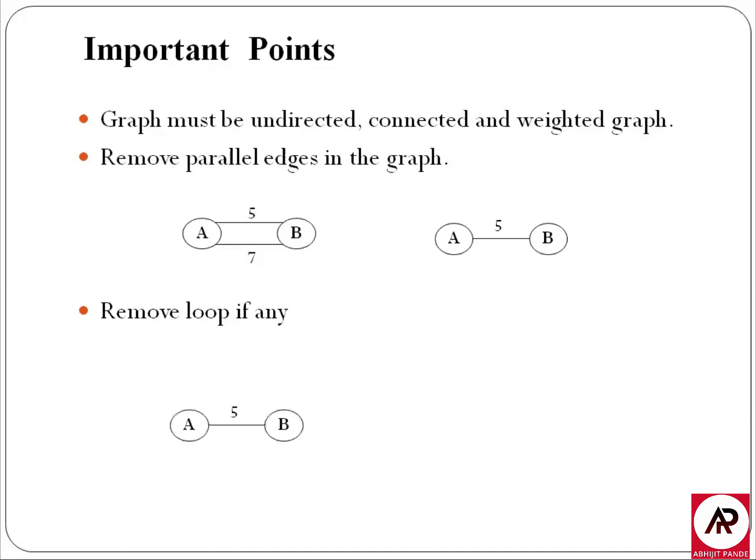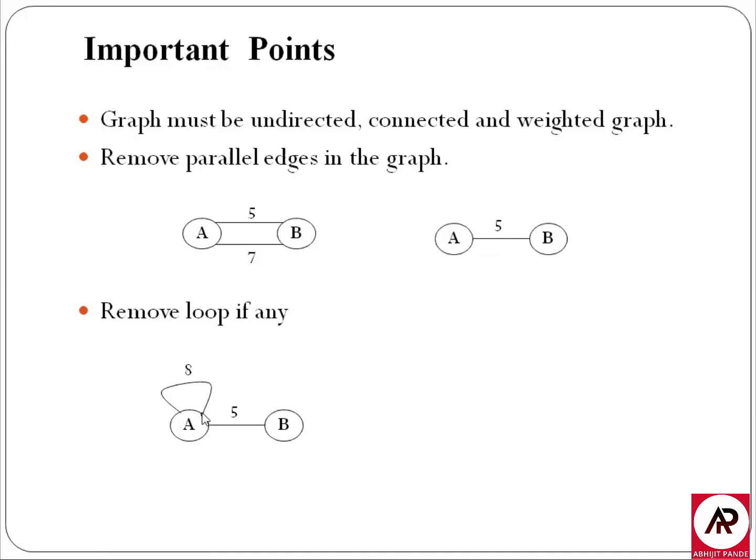For example, I have considered the same example here, A and B having a value 5, and suppose there exists a path whose starting and ending vertex is the same. Here the starting vertex is node A, and the ending vertex is also node A. It is called a self path because it starts and ends at the same vertex.